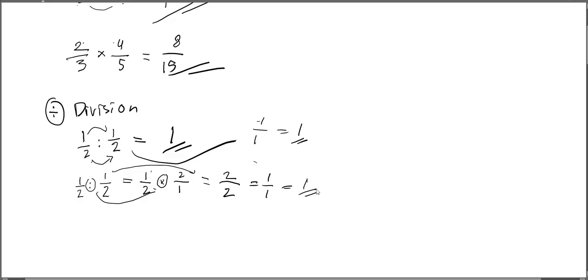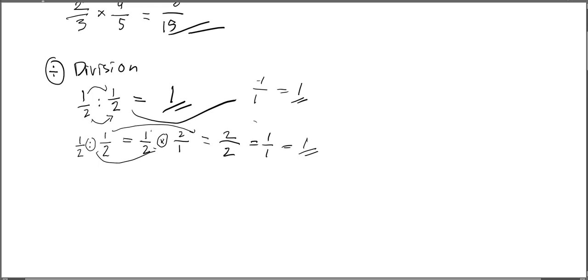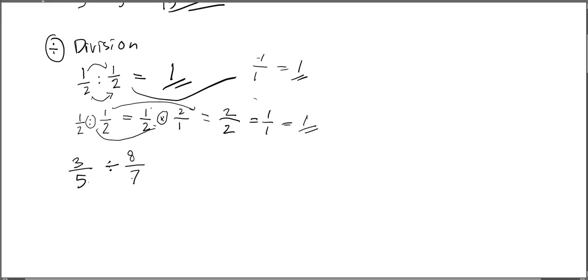Okay. Sir, why did you make it more complicated? No, it's not complicated, because if you have a more complex number like this, maybe divided by 8 per 7, how do you work on it? You cannot divide 3 by 8 and 5 by 7. So you have to use this way.